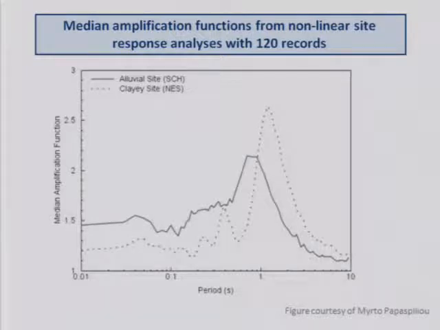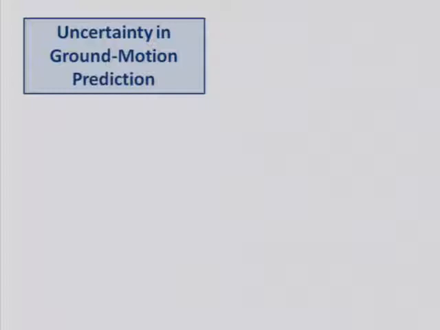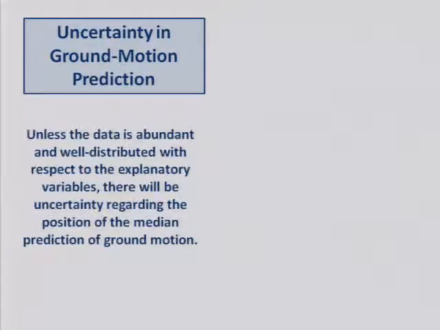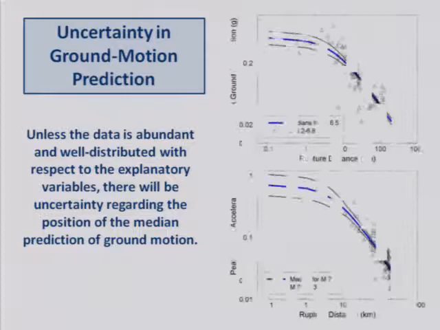So if this is the difference between the amplifying effect of 2 sites with the same VS30, putting VS30 into the model will not get rid of the variability that represents the difference between them. Unless the data is very well distributed, we're always going to have uncertainty about where we are.